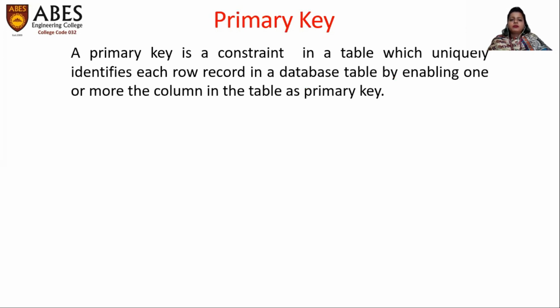Now talking about primary key. A primary key is a constraint in a table which uniquely identifies each record in the database table by enabling one or more columns in the table as primary key.